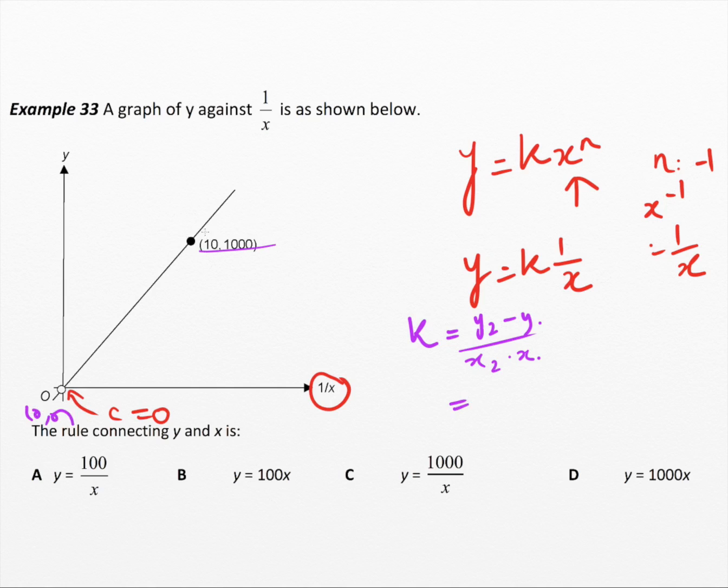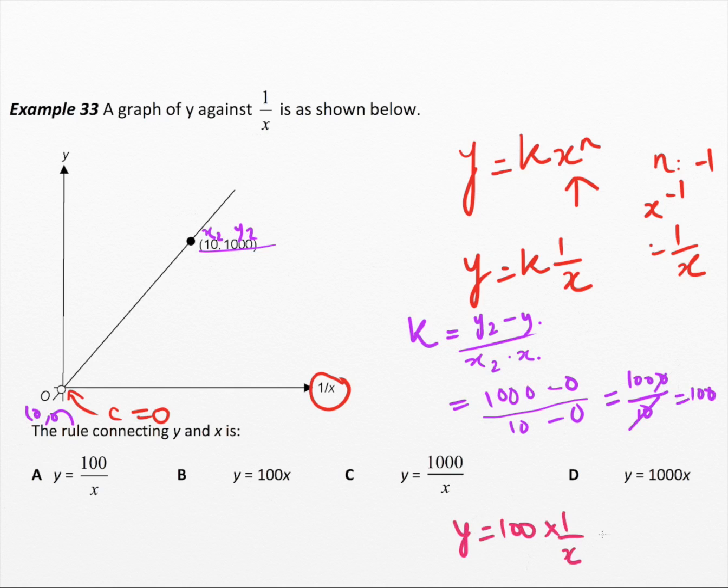So that's x2, y2, x1, y1 will be 0 and 0, so we can go 1000 minus 0 over 10 minus 0. So that'll be 1000 divided by 10. That will cancel out there, and that will be 100. So the gradient is 100, so that's y equals 100 times 1 on x, and all we need to do is multiply that to the top, so that's the same as saying 100 on x. And that is A.